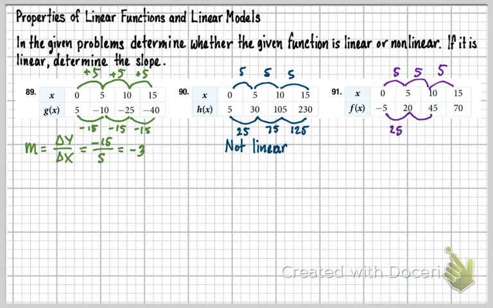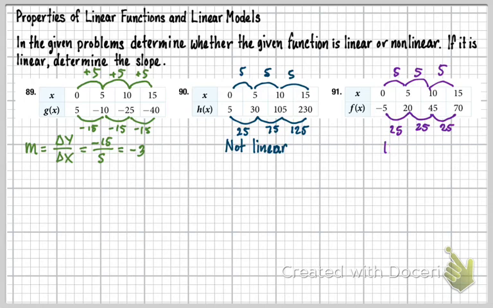And then 20 to 45, which is 25. And then 45 to 70, that's also 25. So the x is constant because it's 5 every time, and the f of x is constant because it's 25 all the time. So this is a linear function.